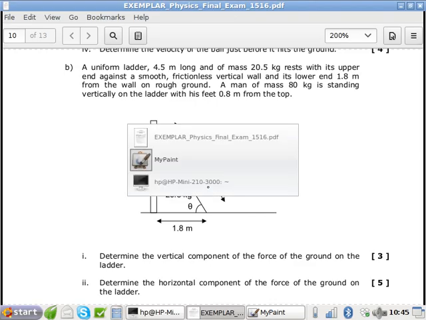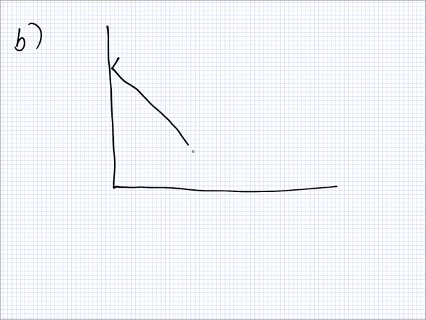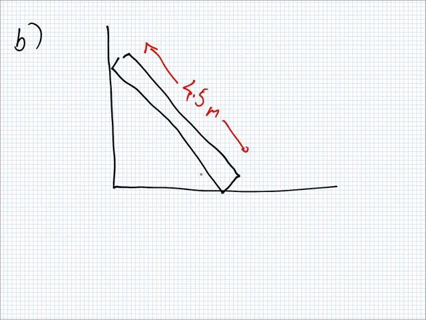Right, let's draw this. Okay, so tell me, KJ, do we know the length of the ladder? Yes. 4.5 meters. And what else do we know? We know the mass of the ladder, 20.5.